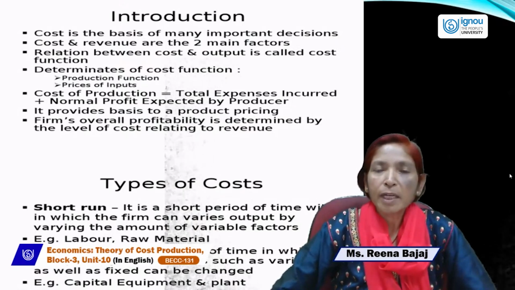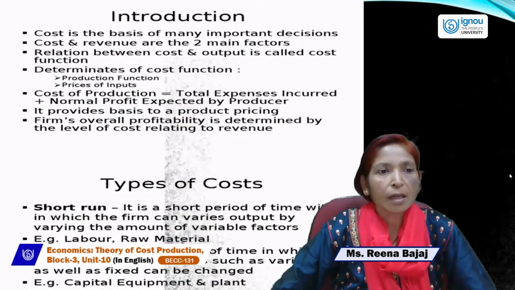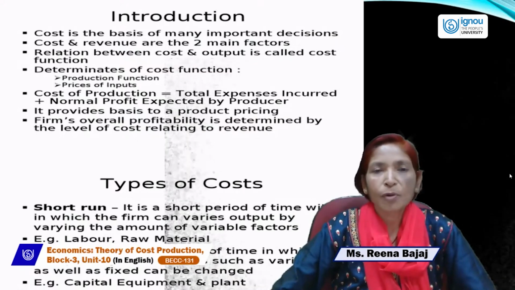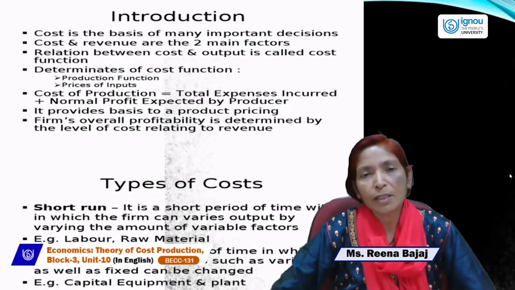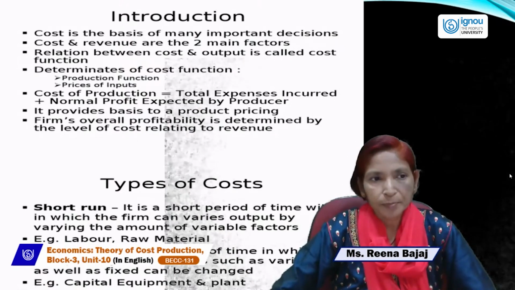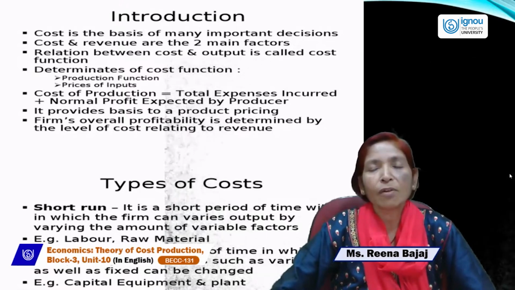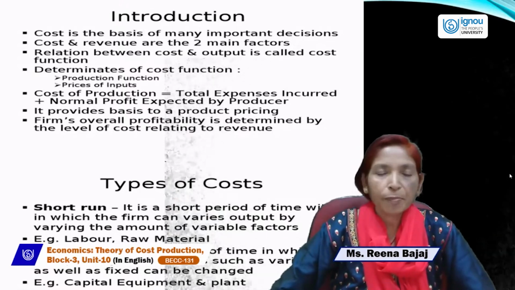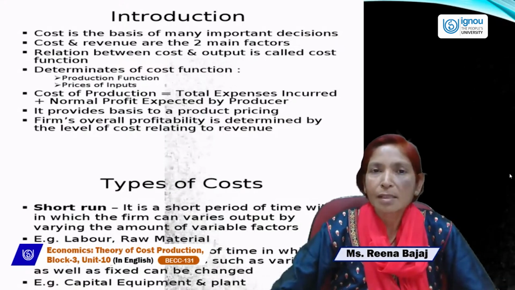And what are the determinants of cost of production or cost function? There are two determinants. One is the production function. You know that the production function shows the technical relationship between input and output. And prices of inputs also affect cost of production. If prices of inputs are more, then cost will increase.